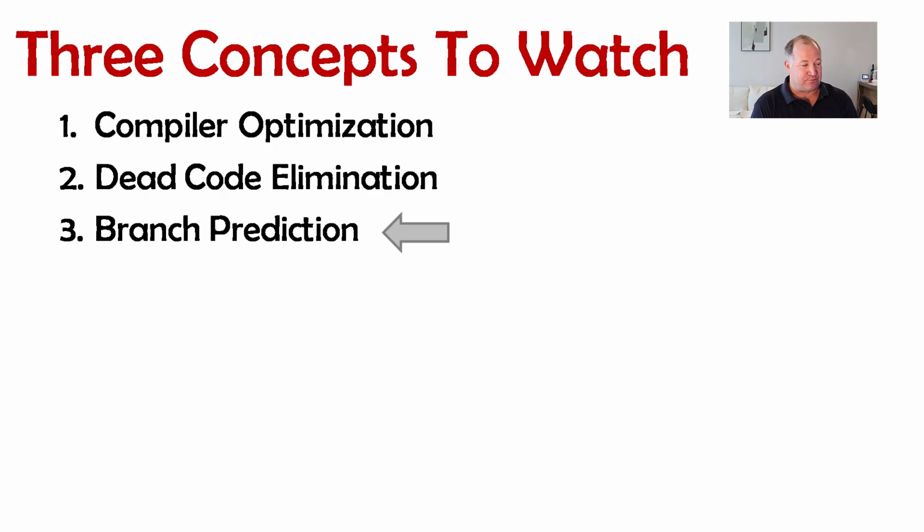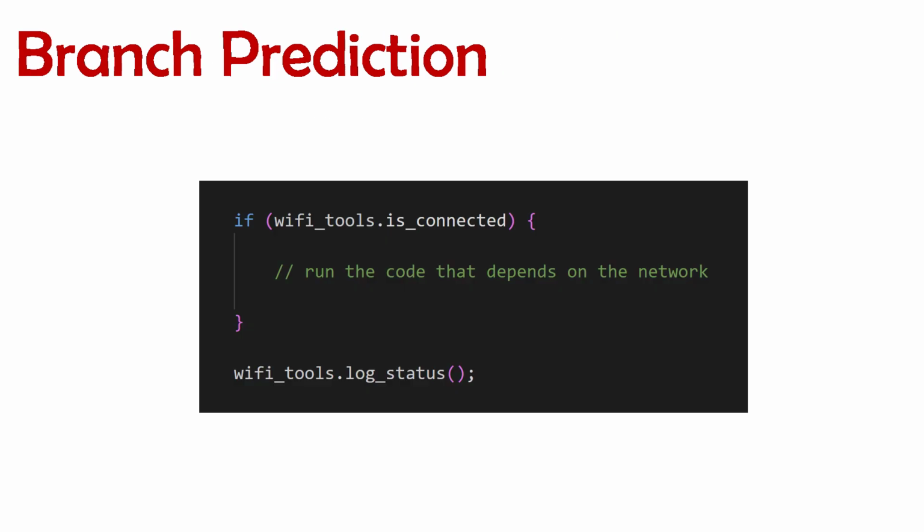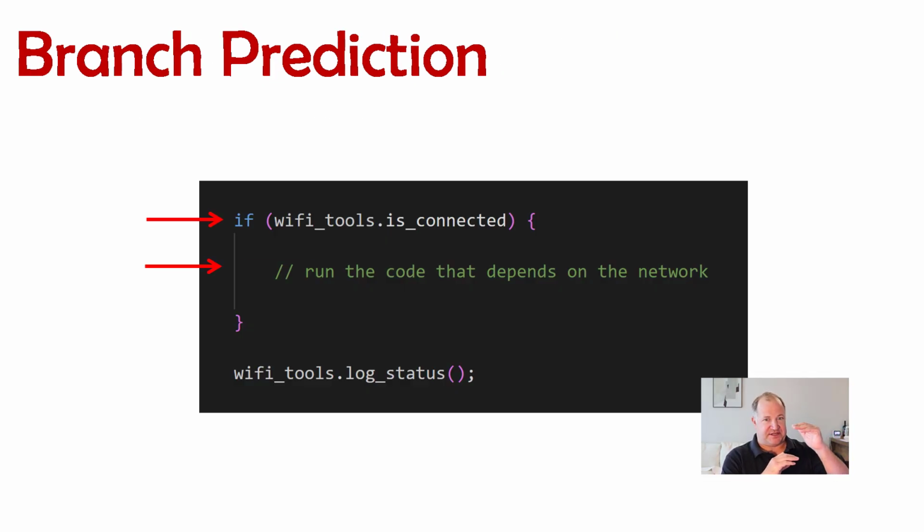And the third thing is branch prediction. The processor can parallel process both the investigation of a variable value and the code that's supposed to be executed accordingly. It thinks it knows which way you're going and starts to execute code. If it turns out it's right, you win. If the prediction is wrong, then it needs to throw out that work and start over, and this is apparently a very expensive process.